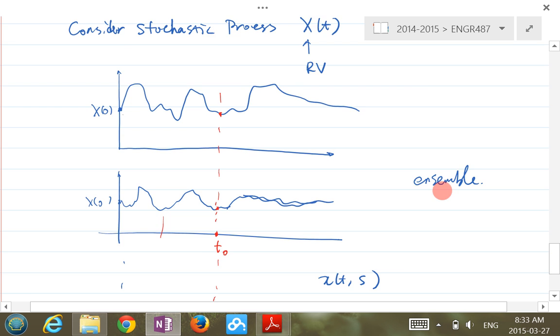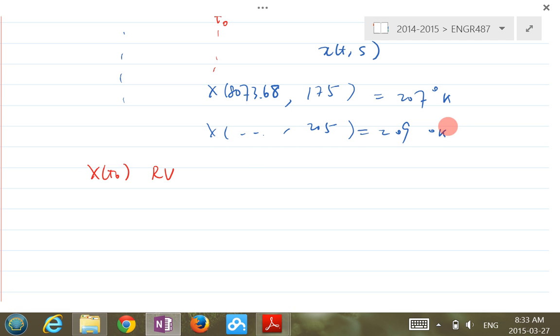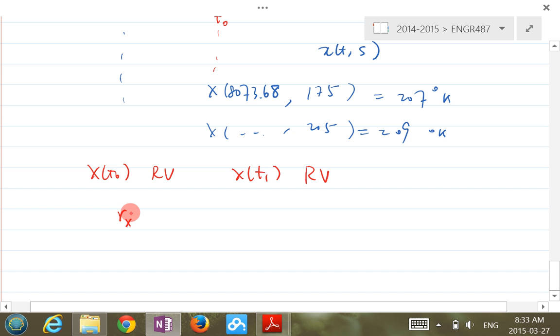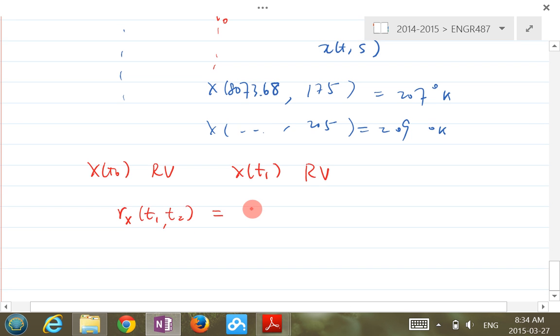So the whole idea is, if this is a random variable and this is a random variable, it doesn't matter where you pick. Then all the concepts that we have covered apply to these random variables. For example, we can have the correlation between them, which we write as E of x t1 times x t2.